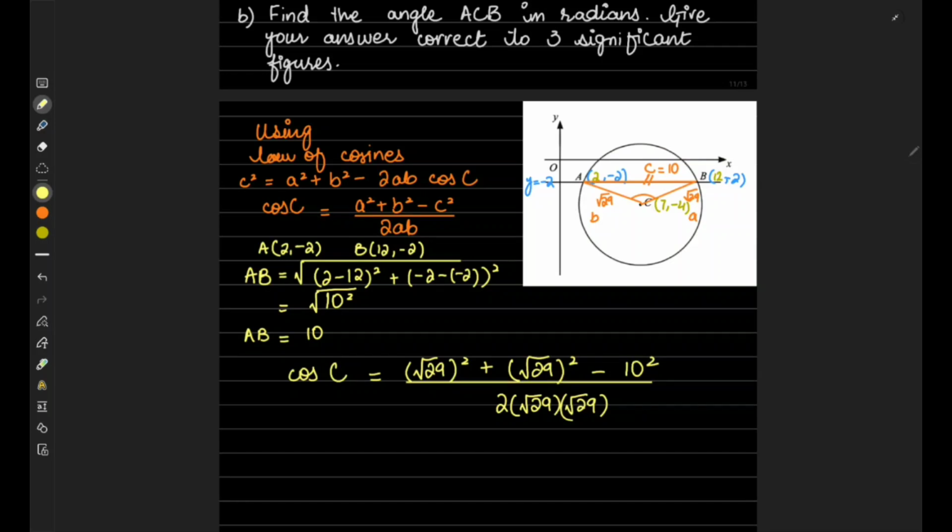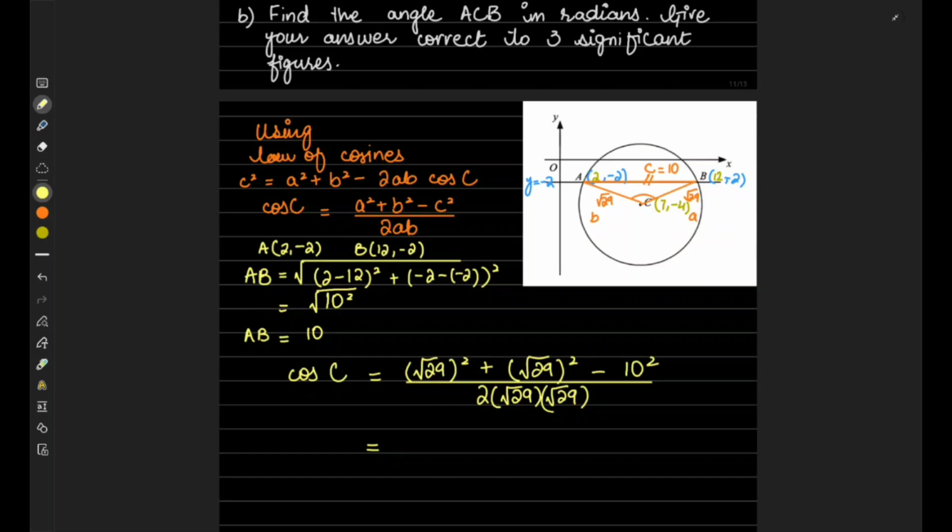Solving this all will give you 29 plus 29 minus 100 over 2 times 29.